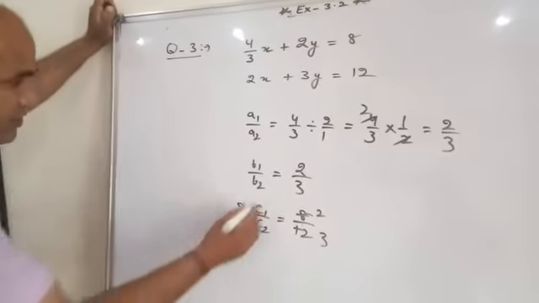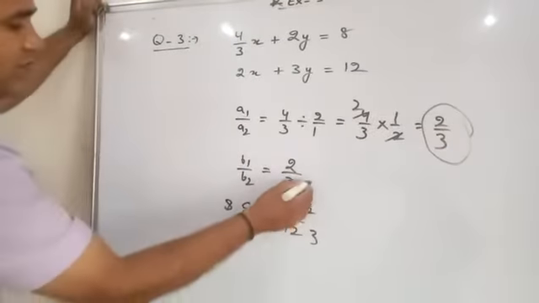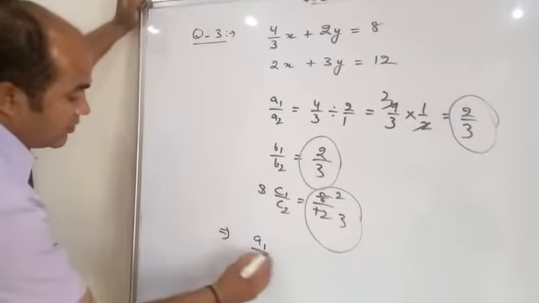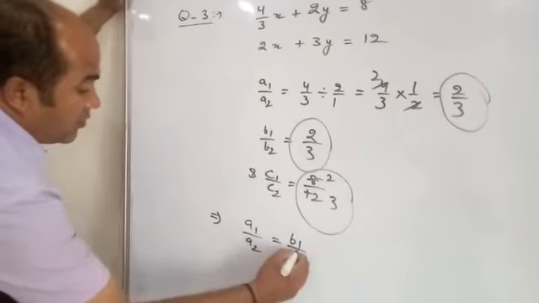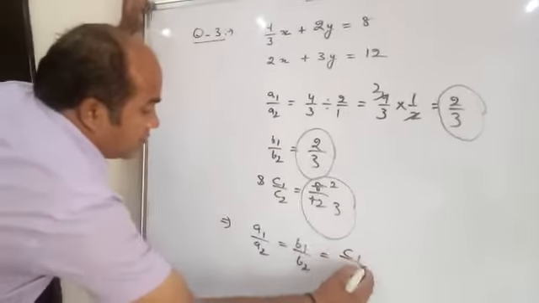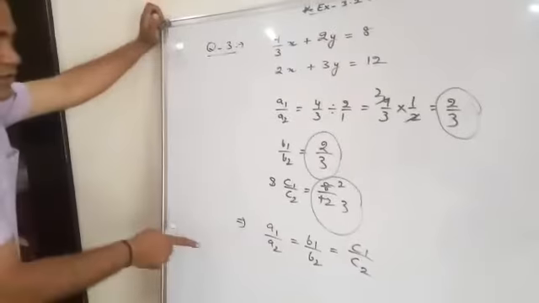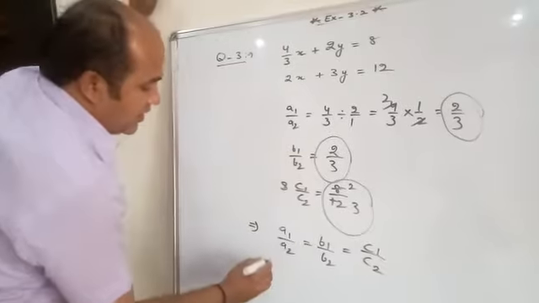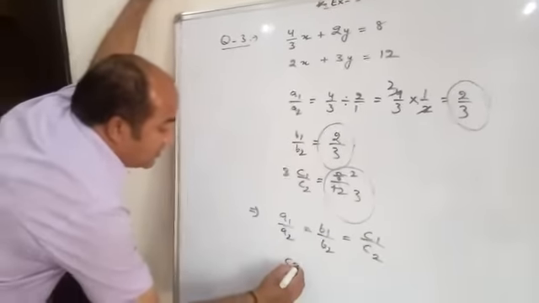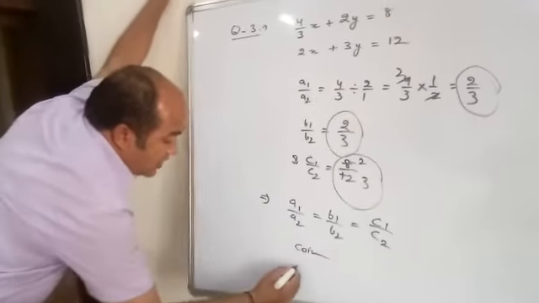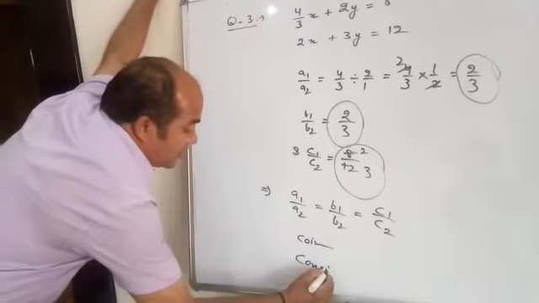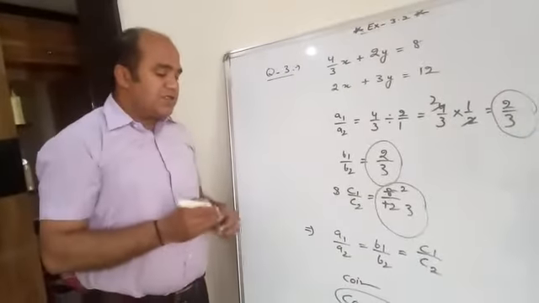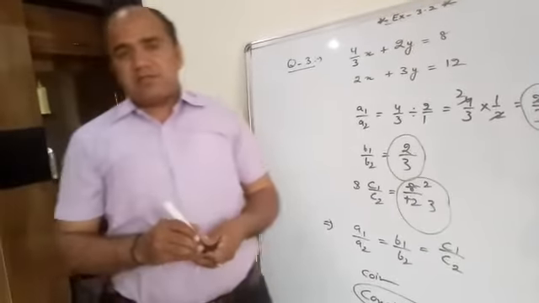It implies a1 by a2 equal to b1 by b2 equal to c1 by c2. If all three are equal to each other, it is the second case, the case of coincident lines. So it becomes the case of consistent.